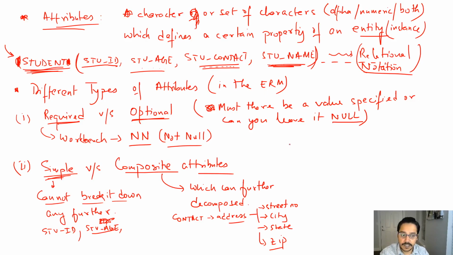And the answer should be a resounding composite attribute, because you can take the student's name and further break it down into first name, last name, and middle name. Or even initials.